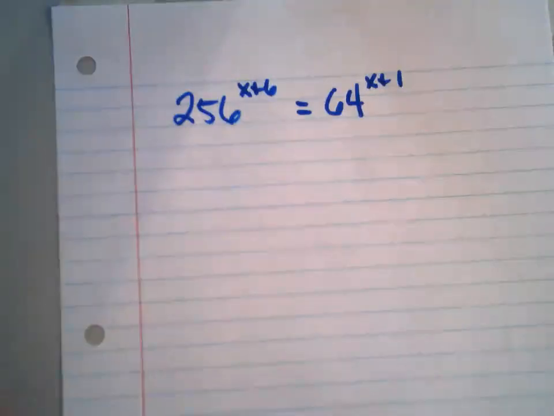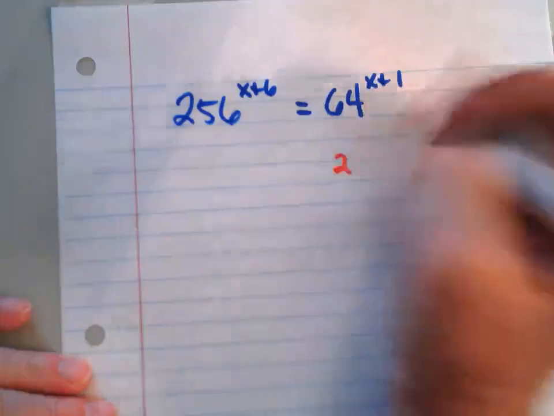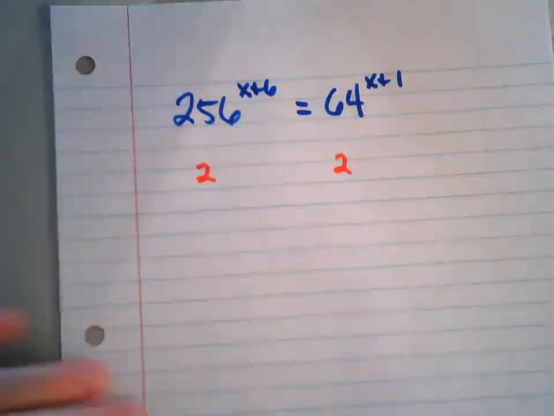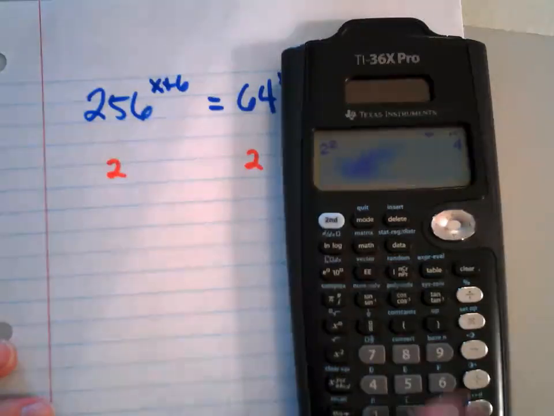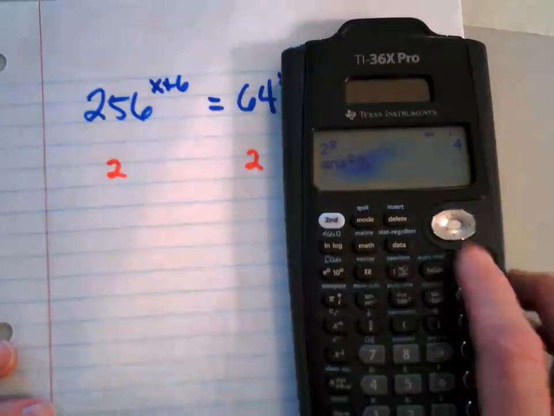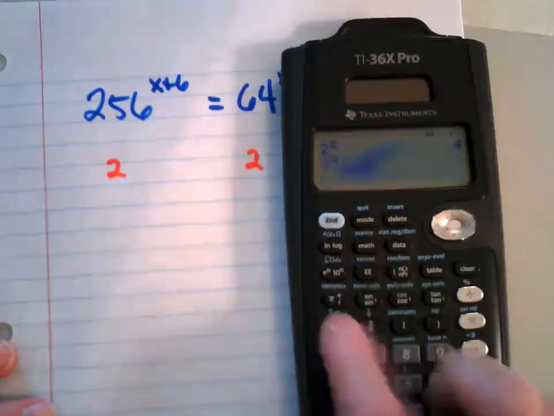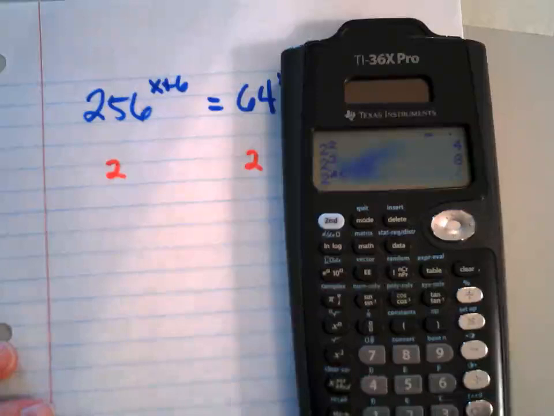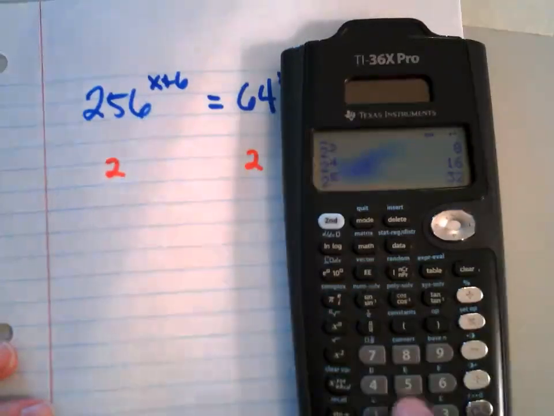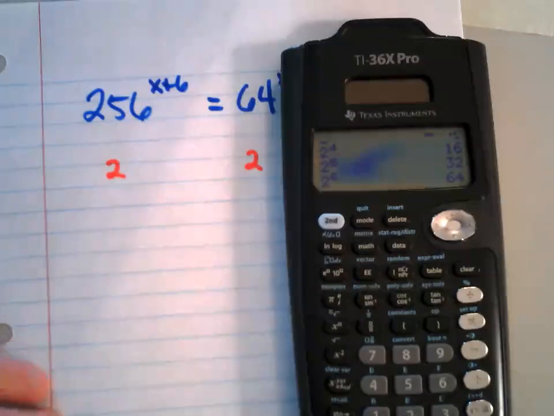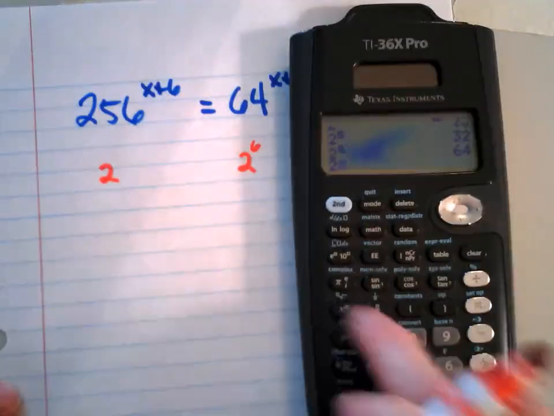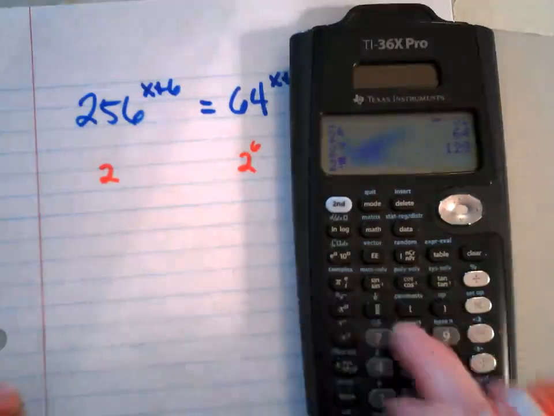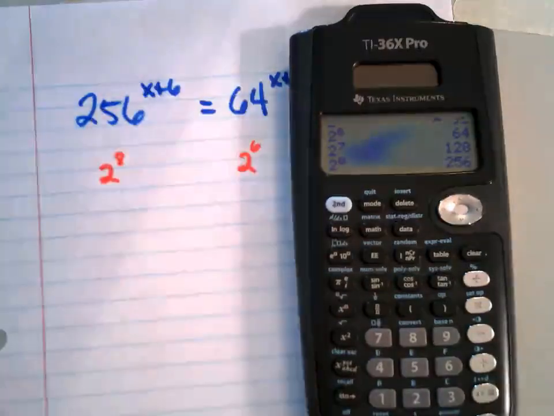I'm going to choose 2 because it is the most basic of the bases of these two numbers. 2 to the third power, 2 to the fourth power, 2 to the fifth power, 2 to the sixth power, and so there's 64. 2 to the seventh power, 2 to the eighth power, and so there's 256.